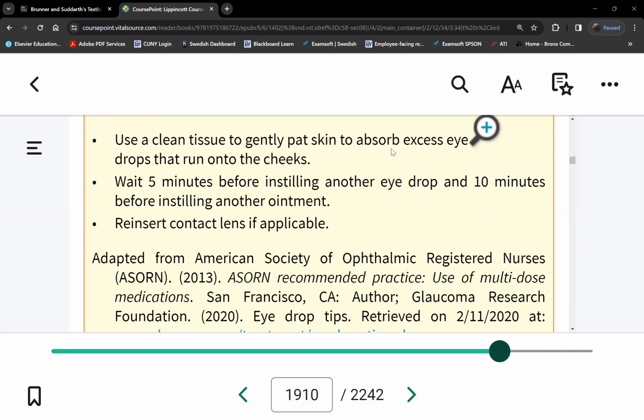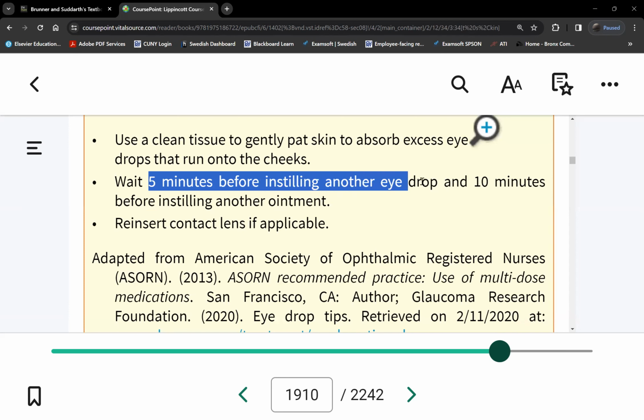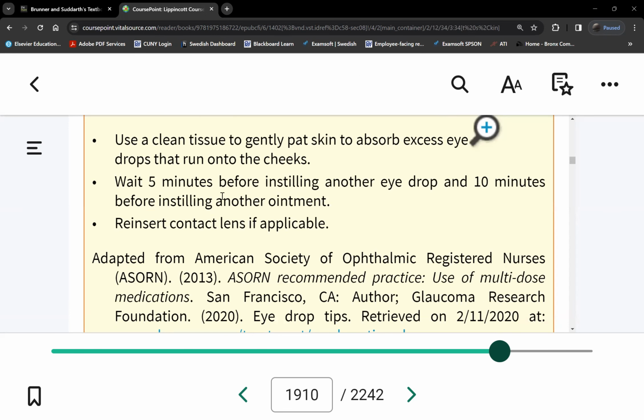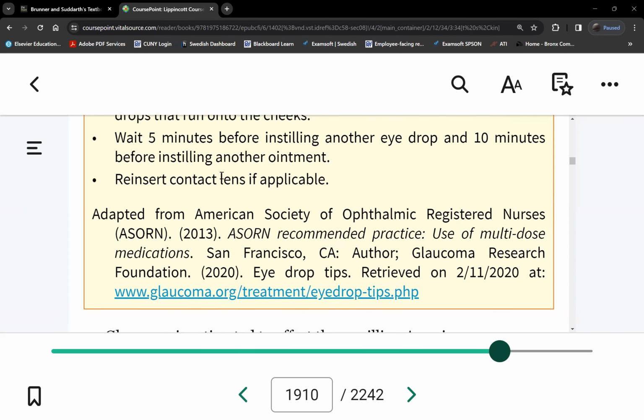Give them a tissue to blot out any excess, because, as I mentioned earlier, there will be increased tearing and drainage from the eye. Wait 5 minutes before giving a different eye drop, and if it's an ointment, 10 minutes before giving a different ointment. Are we clear? Any questions? Okay.